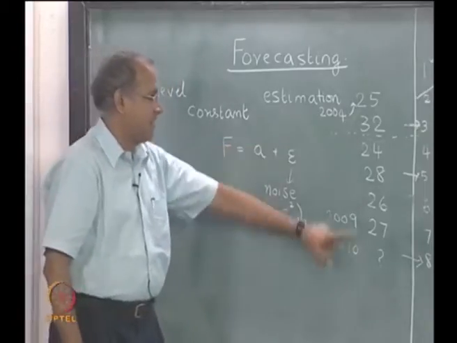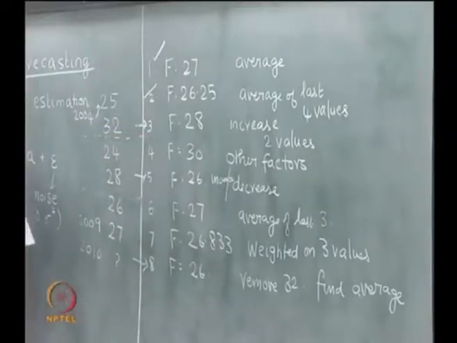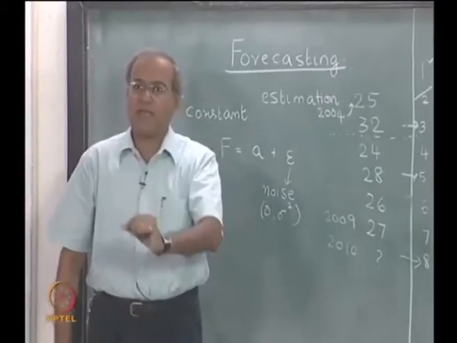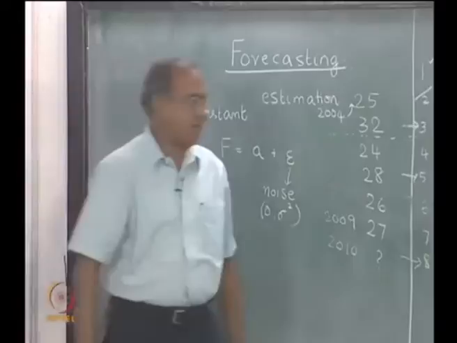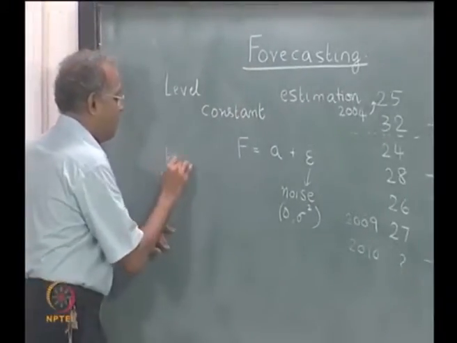The average of these 4 becomes 26.25. So, when we leave out certain data points and consider only the last k data points, then we develop what is called a k period moving average.